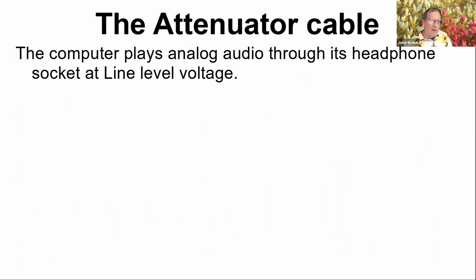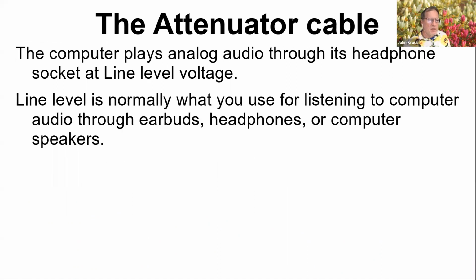I briefly described the attenuator cable previously. I'll just go over it again. The information coming out of the computer is at line level, otherwise known as 2 volts peak to peak. And that, of course, is just fine for earbuds, headphones, or computer speakers, but not for providing audio into a microphone socket.